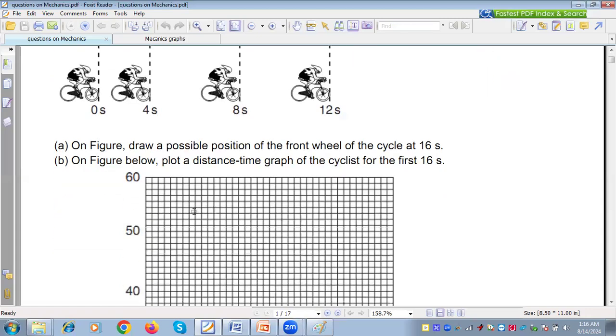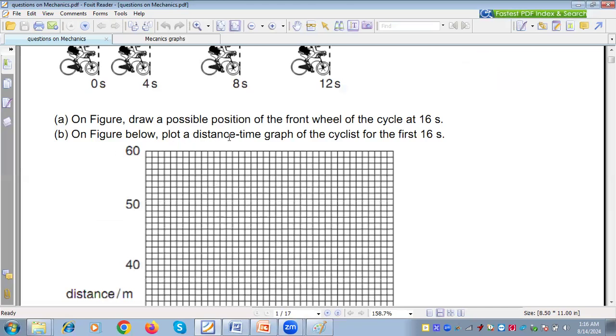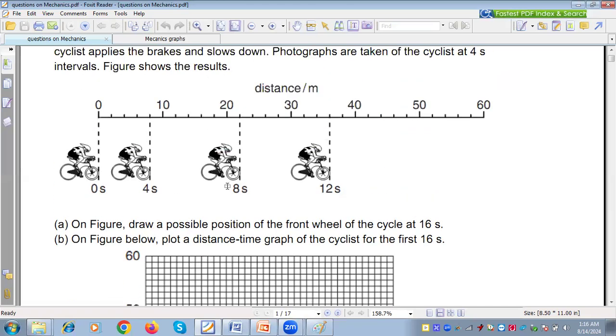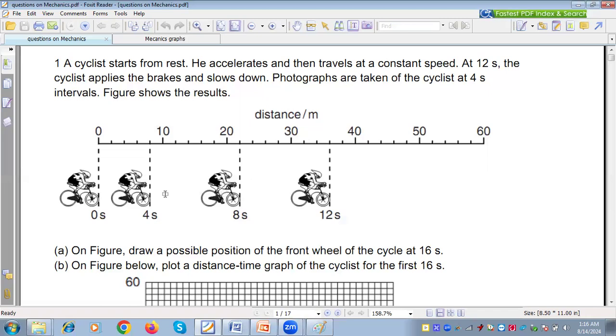Of course, when the brakes are applied, he will slow down. On the graph below, draw a possible position of the front wheel of the cycle at 16 seconds, and on the figure below plot a graph. At t equals 16 seconds, where could he be? Because he has applied the brake, he will be slowing down. He will not cover as much distance as before, because in the previous 4 seconds he covered 14 meters.